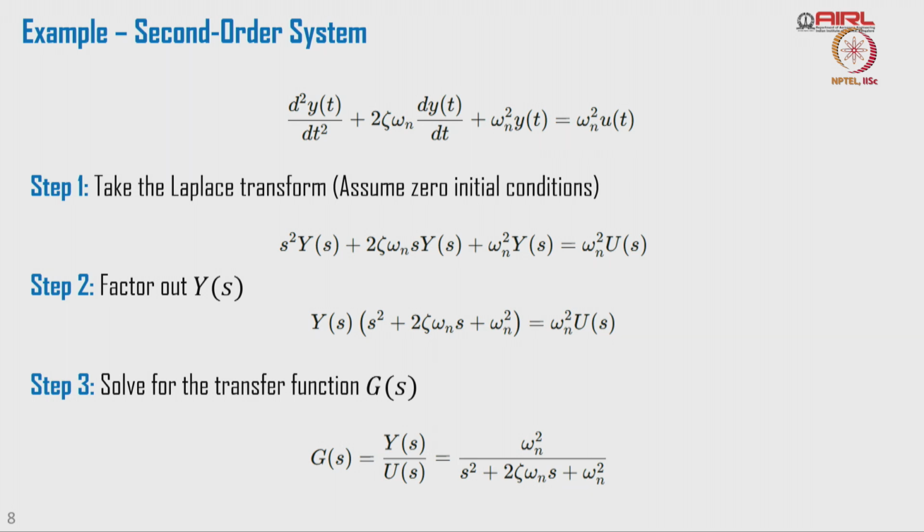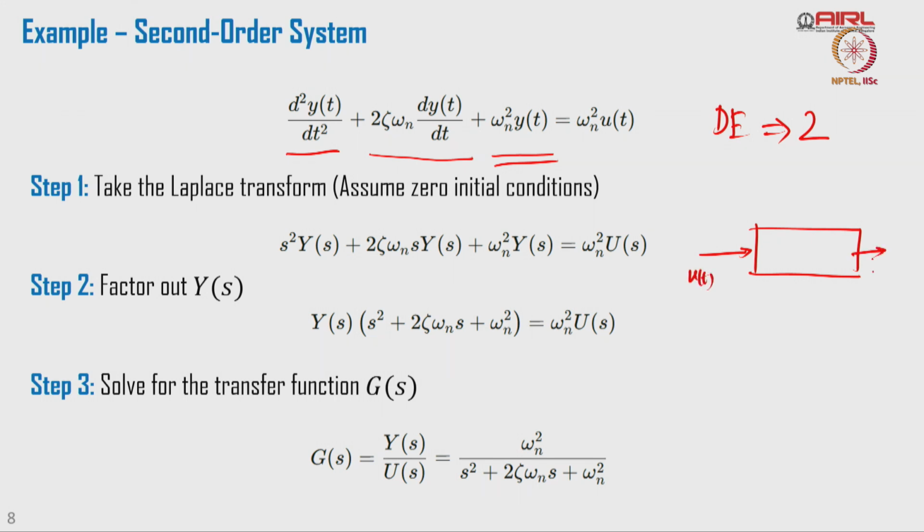Okay. We take another example, a second order system. That means the differential equation is now of order 2, fine. So, we have a second order derivative, then a constant multiplied by a first order derivative, and then another constant multiplied by the original output or the signal y(t). Okay. So, here the assumption is that we have some input u(t), we have the output y(t), and y(t) is dependent on u(t) in this particular fashion, right. Okay.